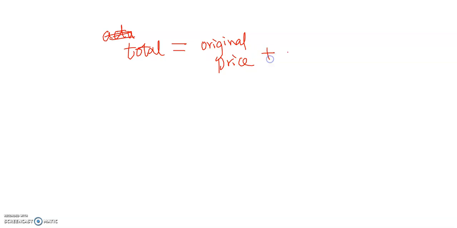In case you don't know, when we go to buy things, most of the time we have to pay tax. So the actual amount we have to pay, maybe I can just call it the total amount we pay, is equal to the original price, whatever the price tag is, plus a tax, which is a dollar amount.